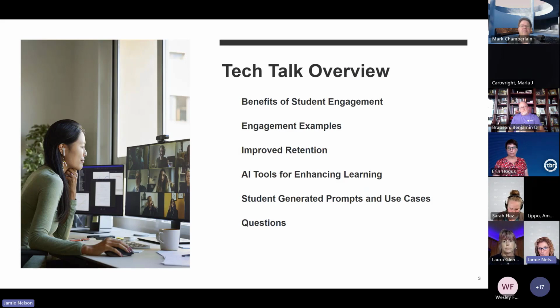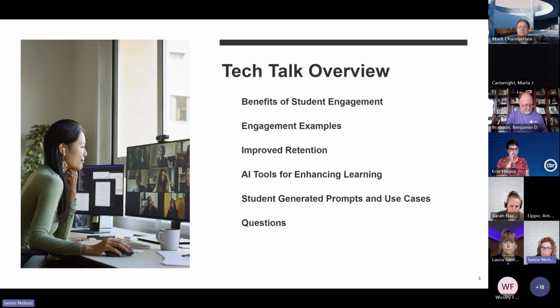Our overview today: we're going to talk about using AI to empower our students to do self-directed learning, or how we can set things up in our course that students can then take advantage of. We'll look at the benefits of student engagement. One of the things driving the implementation of AI is being able to engage students in new and different ways, and we'll give you some engagement examples.